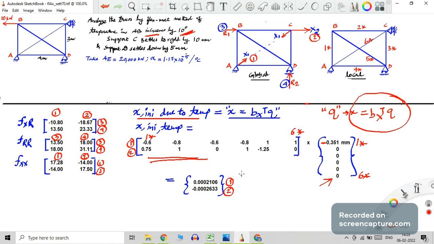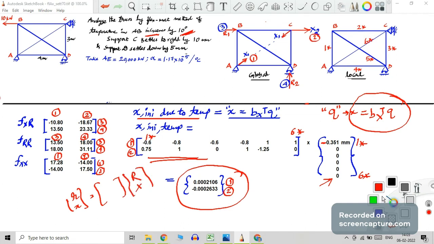So here we have obtained coordinates 1 and 2. Please note, comparing with the previous small r2 case, in that formulation we took x equal to FXR into R and X, and we cut this and then formulated, and due to that XINI had to be adjusted.